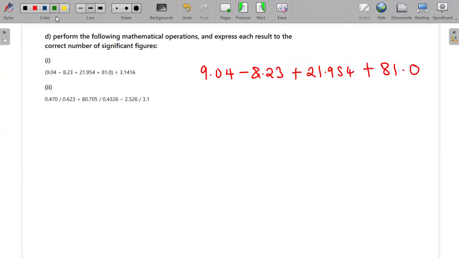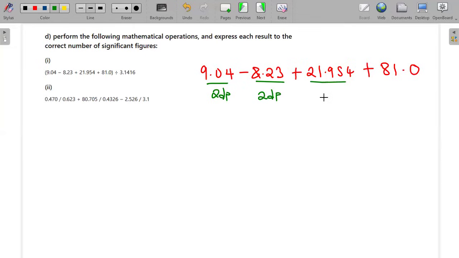So when you are adding or subtracting numbers that have different numbers of decimal places, the final answer should have the same number of decimal places as the number that had the least number of decimal places. So you can see here, this one has 2 decimal places, 1, 2. This one here has 2 decimal places.